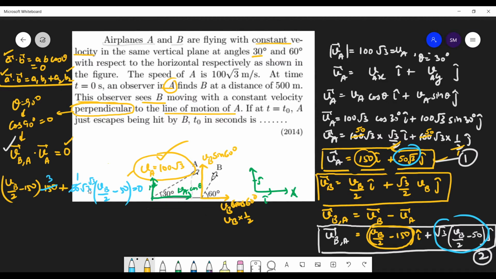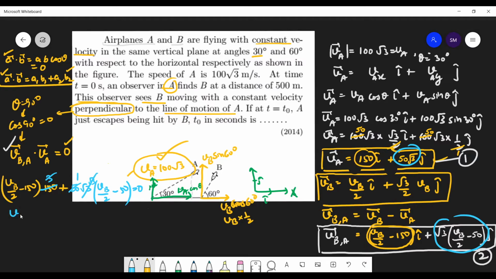So you will have 3 over here. So divide both sides with 3. So this 3 and this 3 will cancel out. So this 50 root 3 times root 3, that's 150. This is also 150. So divide both sides with 150 here.